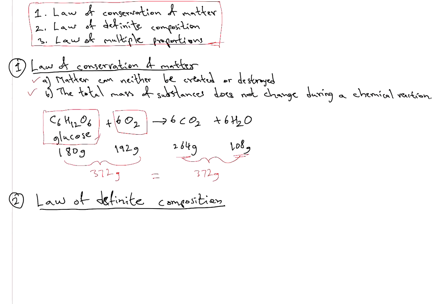The second law is law of definite composition, and it can be stated in several ways. One of the things to understand is this law applies only when you're talking about a single compound.